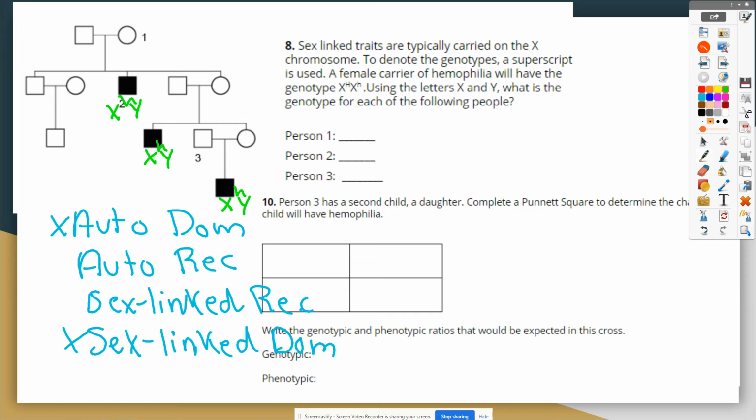So now let's see if they could actually get it from what we have. We have a male up here and he doesn't have it. So what would he be? He would have a big H. We have a female who doesn't have it. So what does she have to have? She has to have a big H because she doesn't have it. But what does she have to give to her son? A little h. Does that work?